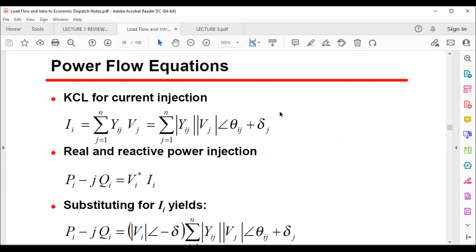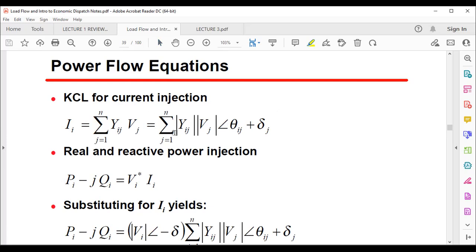So if you have any node X, the current coming in is equal to the sum of currents going out. And then you can rearrange this so that you can have this form of equation.